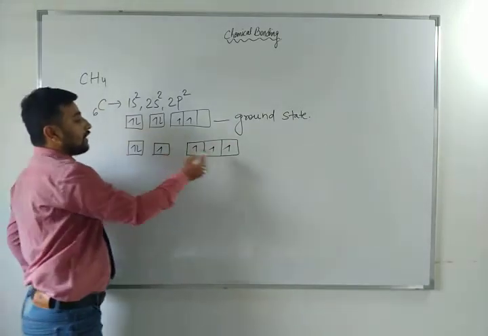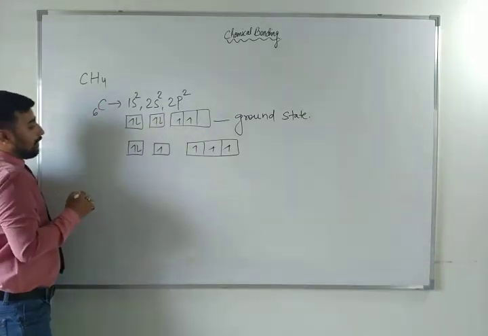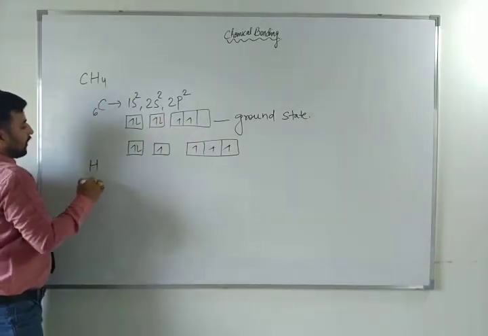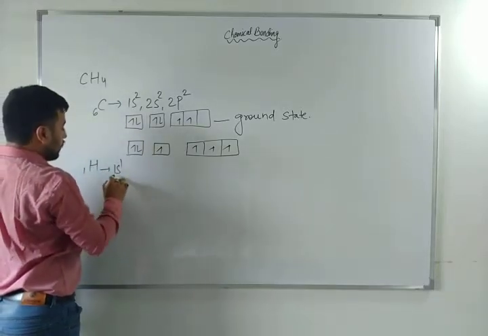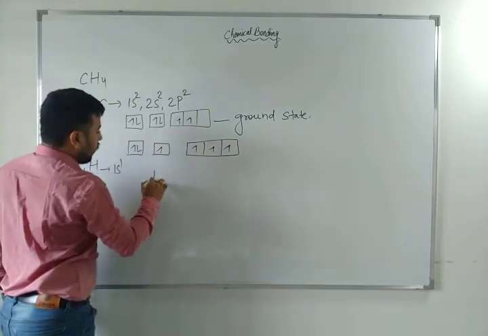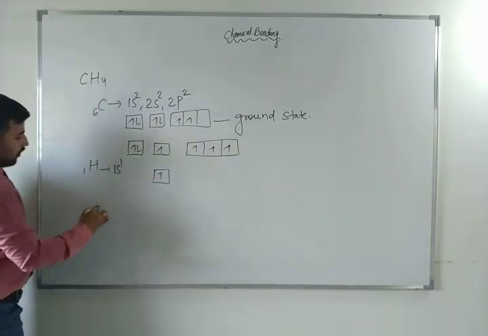Now they are both at the same energy, 2s and 2p. Now if I talk about the hydrogen's electron, hydrogen has atomic number 1, electronic configuration 1s1. This 1s1 will overlap with this orbital. There are a total of 4 hydrogens.